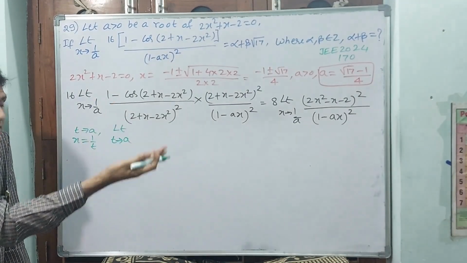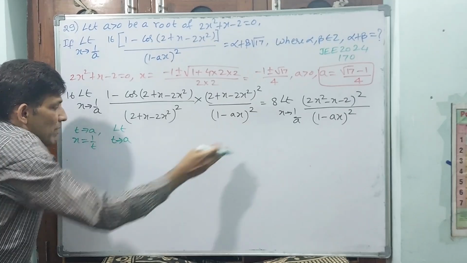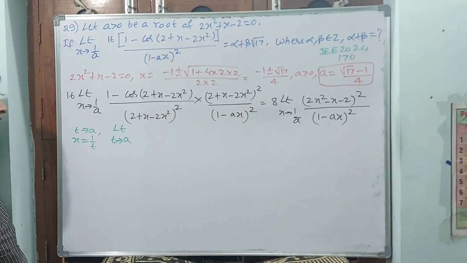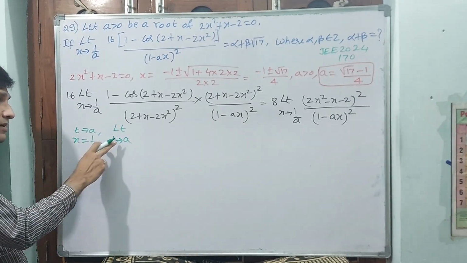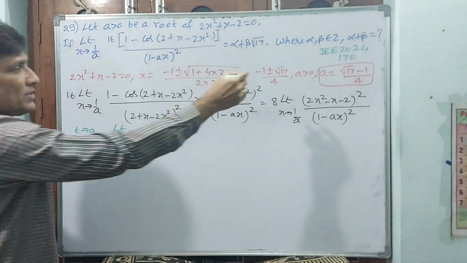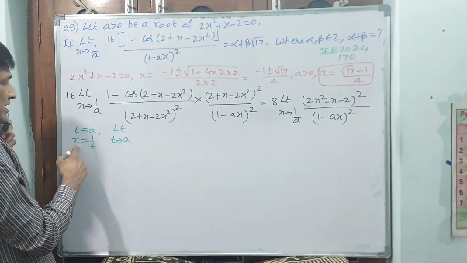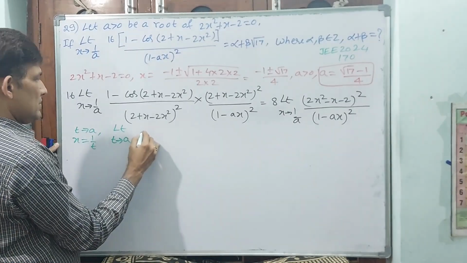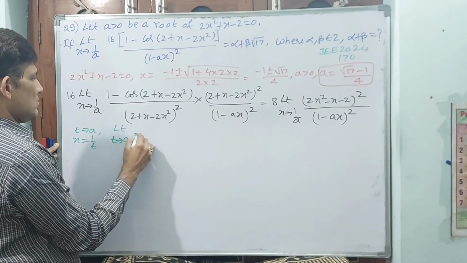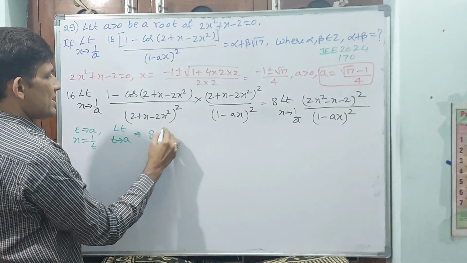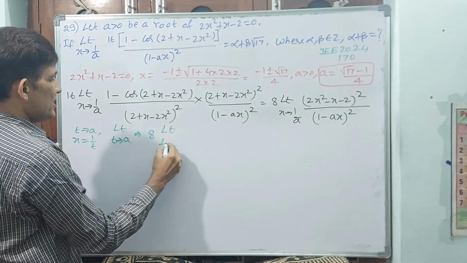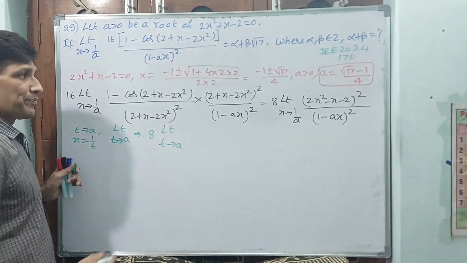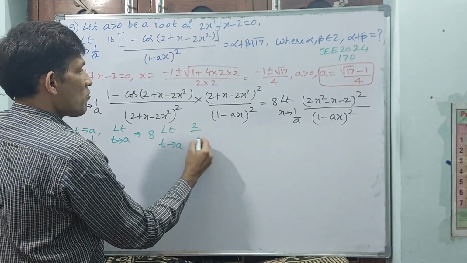Now 8 is there, limit t tends to a of (2/t² − 1/t − 2)² divided by (1 − a/t)².